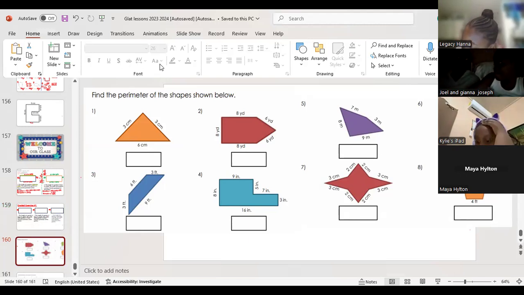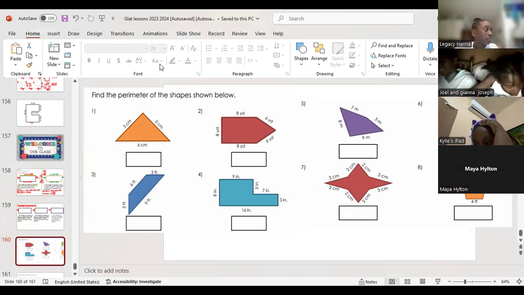Trinity. Why you didn't draw the shape? Trinity, you have to draw the shape for these, and you know better than that.